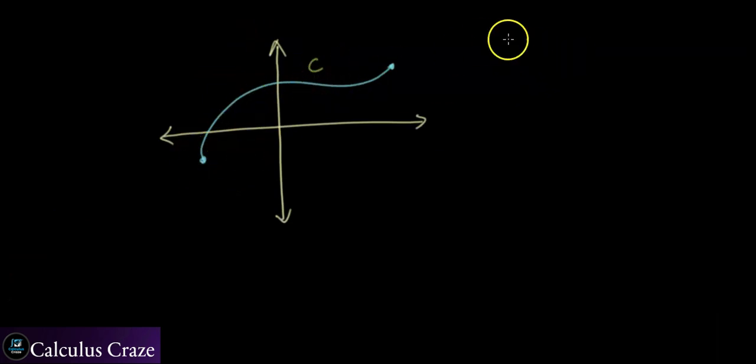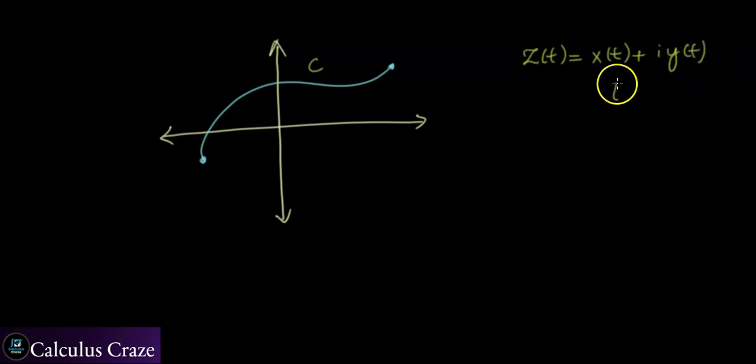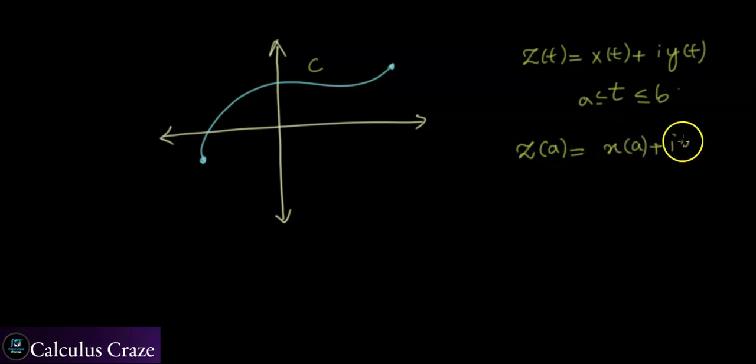As you know, if we have a parametrization of this C, then it is given by x of t plus iota times y of t, where t runs between a and b. So z of a, when we compute, is going to be x of a plus iota times y of a.